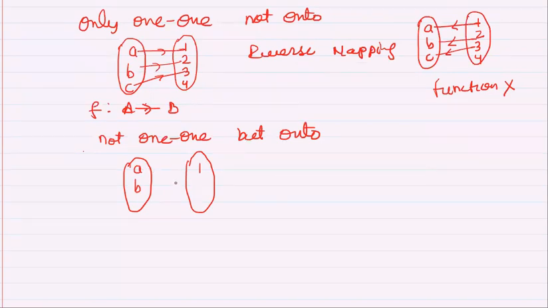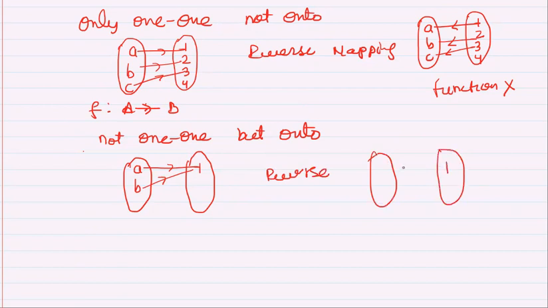If you connect this like this, this is onto but not one-one. Understood? So will this create an invertible function? No. What will the reverse create? This one, this a, this b. Is it a function? No. This is also not a function.